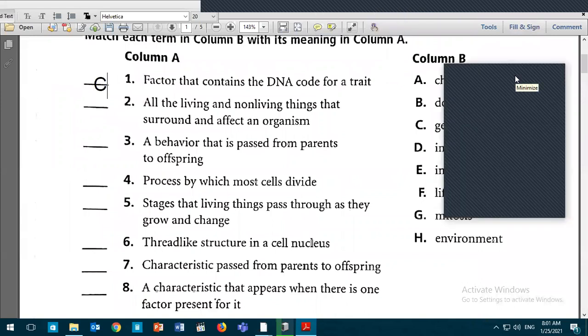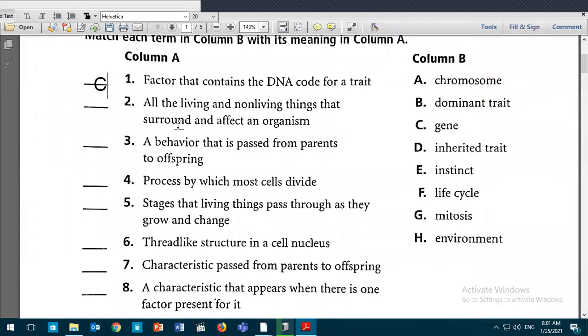Number 2 says all the living and non-living things that surround and affect an organism. What do you think this is going to be? Life cycle. Are you sure? Like all living and non-living things, do you think this is a life cycle?